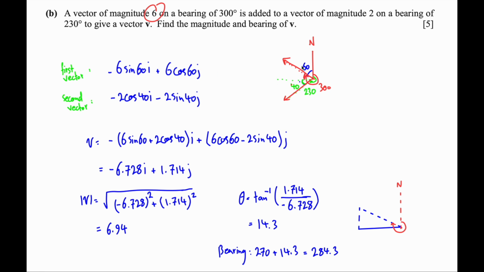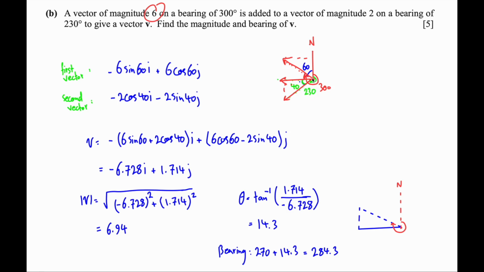And also for j, I used the same angle, cosine of 60 degrees, and it's in the positive direction because it's going north. For the second vector, same thing, its i component, or the projection of it on the x-axis, is negative. So I used how much it needs further to complete 3 quadrants.